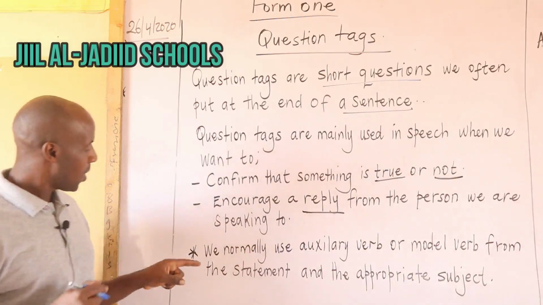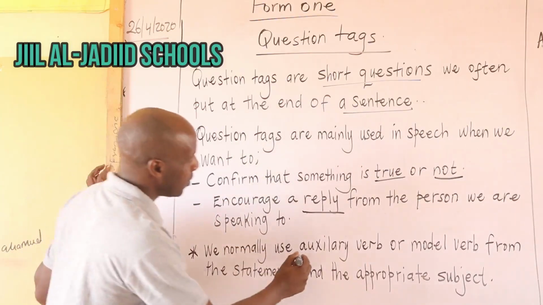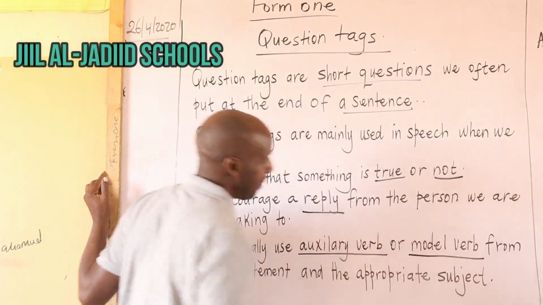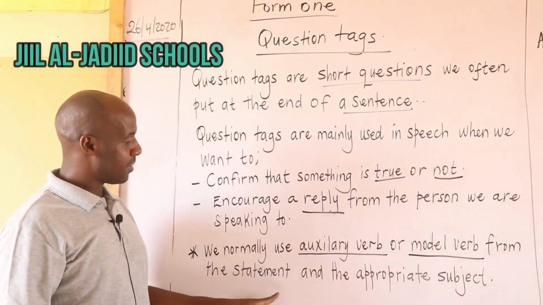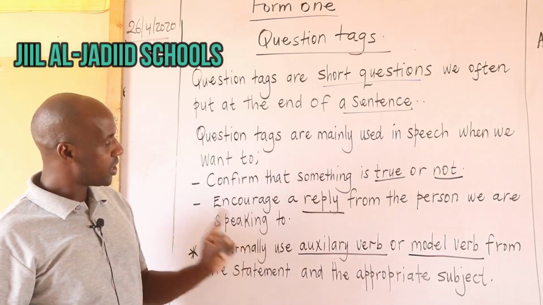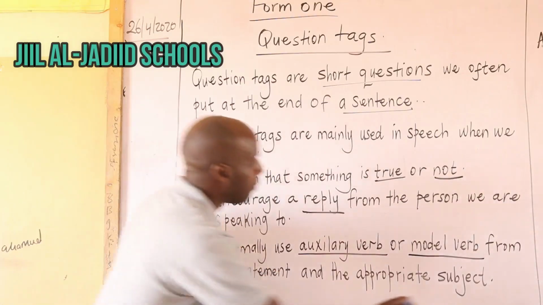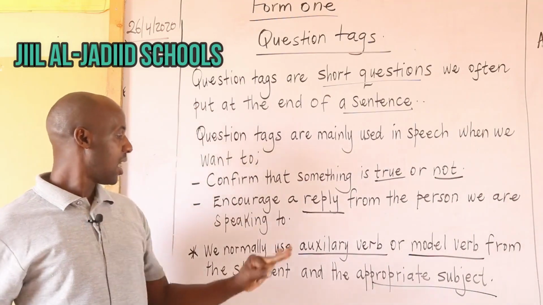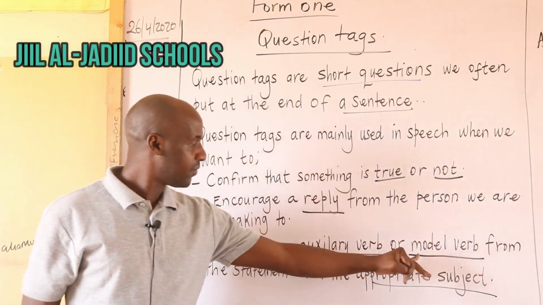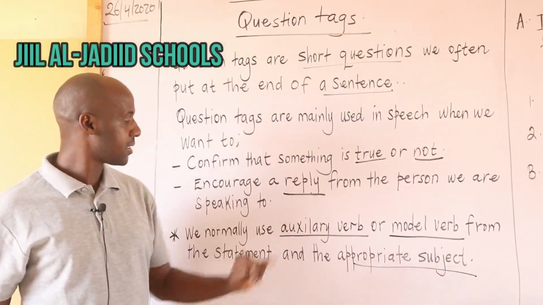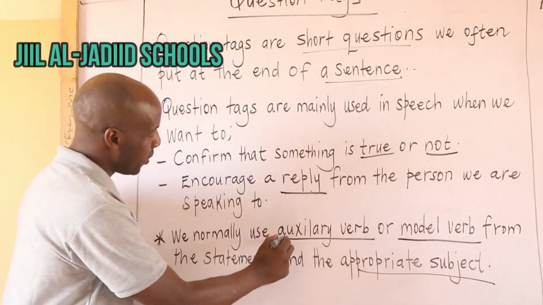Now, we normally use auxiliary verbs or modal verbs in the statement when it comes to question tags, and the appropriate subject. You have to look at these three things: auxiliary verbs, modal verbs, and the appropriate subject. So auxiliary verbs, you know them.